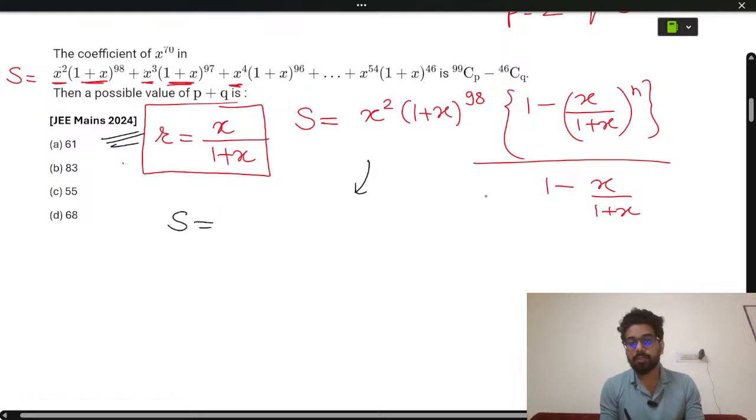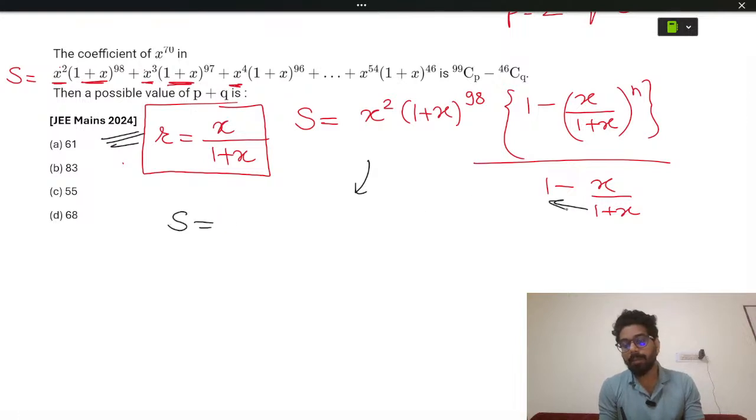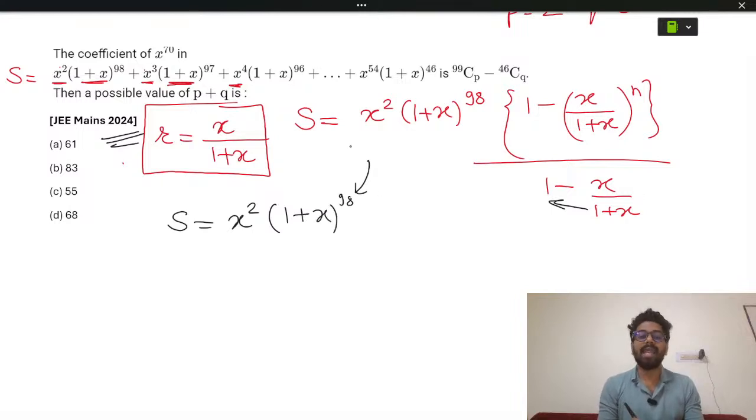S is equal to, now cross multiply, it will become the denominator. See, numerator is okay, fine. This is (1 plus x) power 98. One thing I have to change. Now, what is n? Number of terms. This is x power 2, this is x power 54. There is no x power 1. So, if it is from 1 to 54, there are 54 terms. But if it is 2 to 54, there are 53 terms.